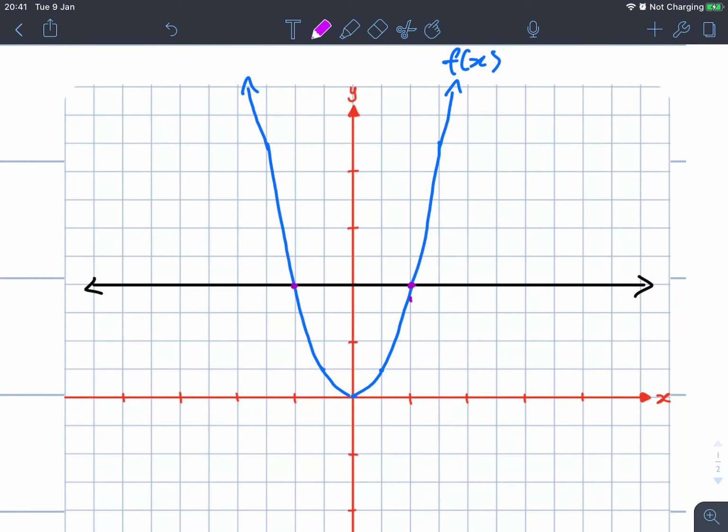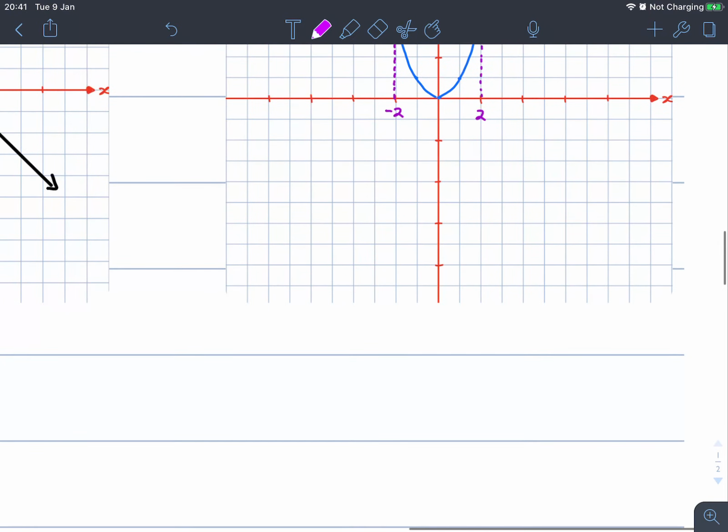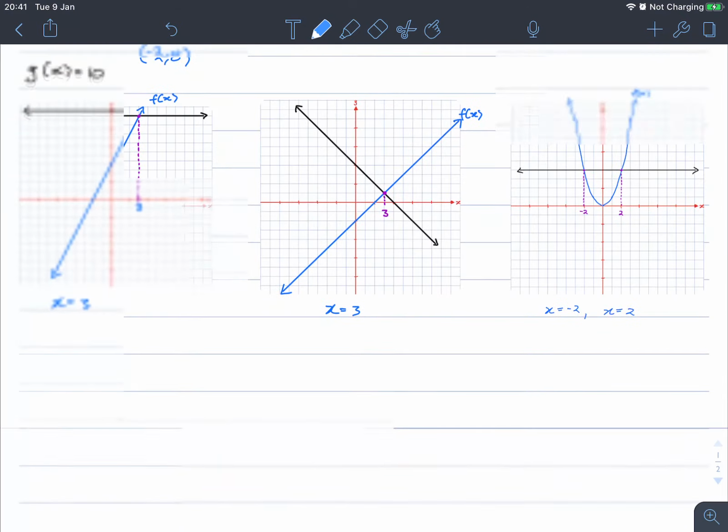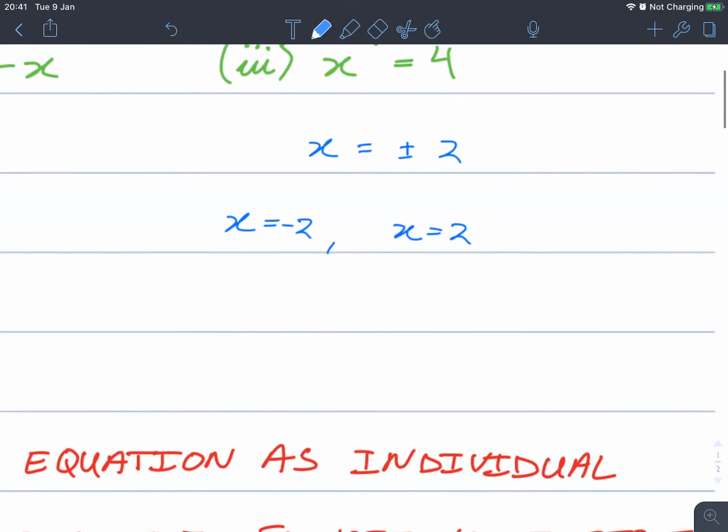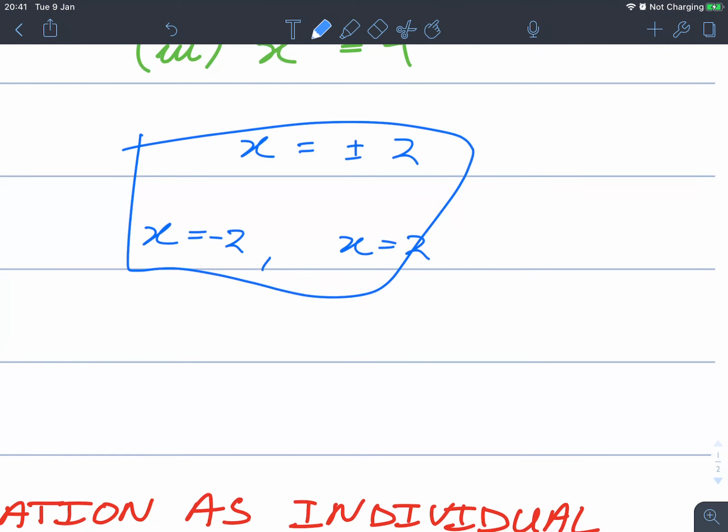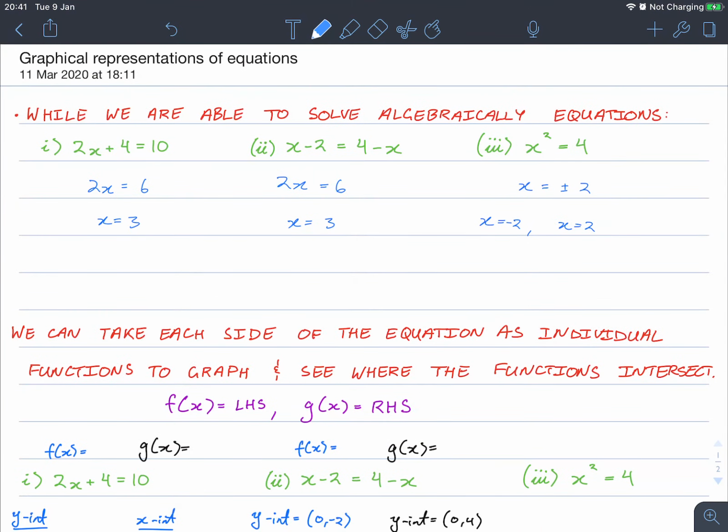You can see it's at these two x values. This value is at 2, and this value is at -2. So the solutions are x equals -2 and x equals 2, which once again corresponds to the algebraic solutions that we found.